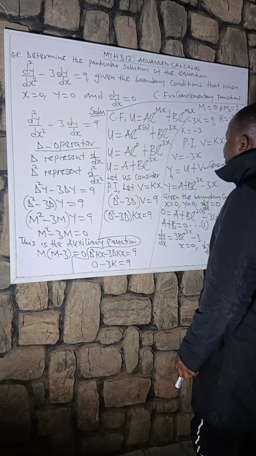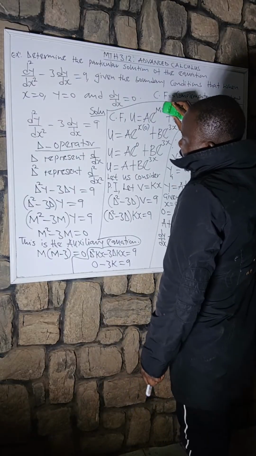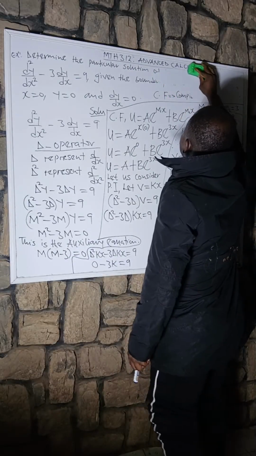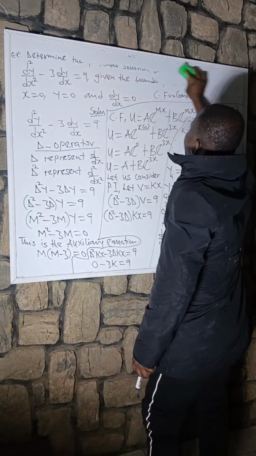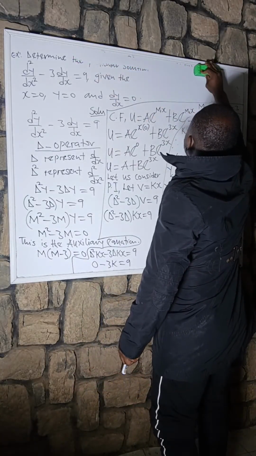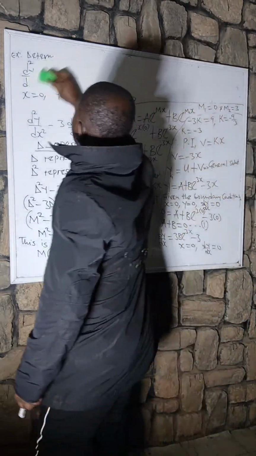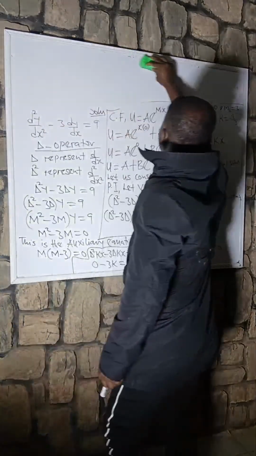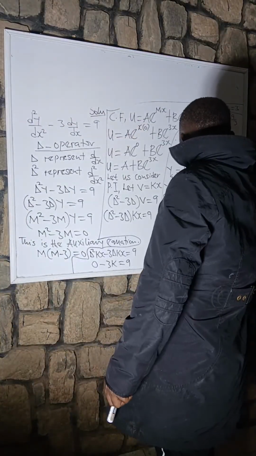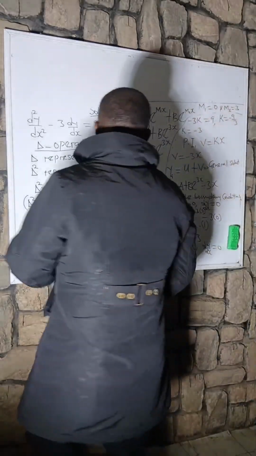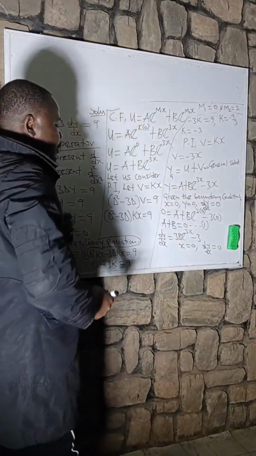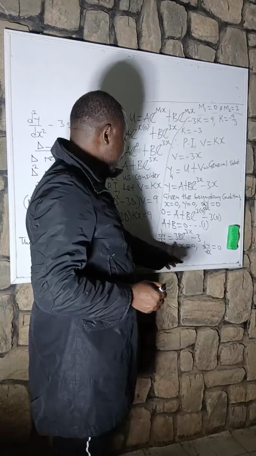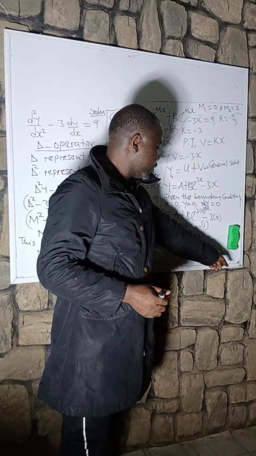Let me clean this up. If you can see what I am saying, we are almost done. It means what we need to do is substitute in 0 instead of dy over dx.